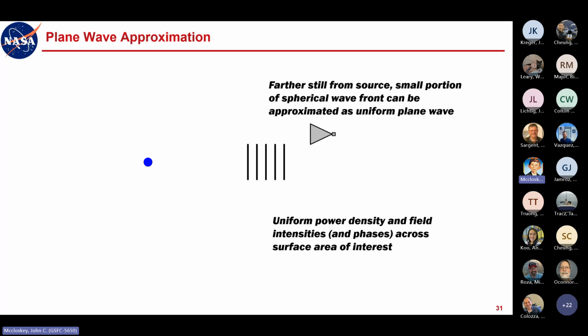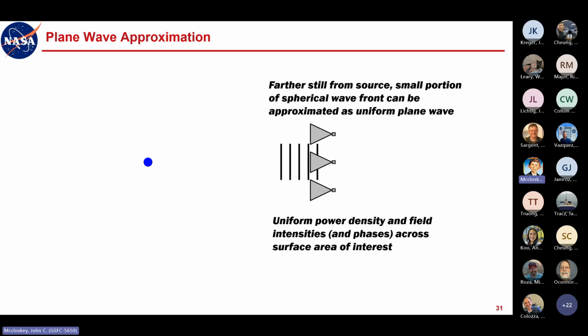area of interest. So if I'm at some given distance from my source, and if I'm truly far enough away that I'm in that part of the far field where that wavefront is truly a uniform wavefront or a uniform power density and field intensity, well, I can put my receive antenna anywhere along that wavefront and get the same result.